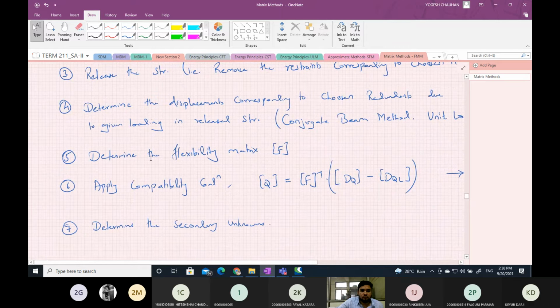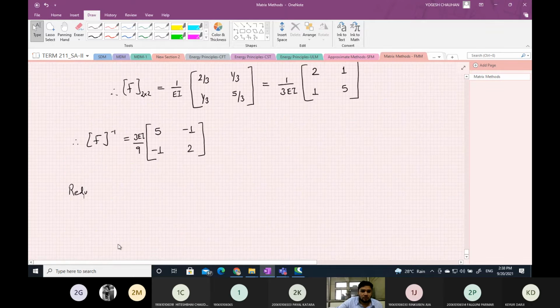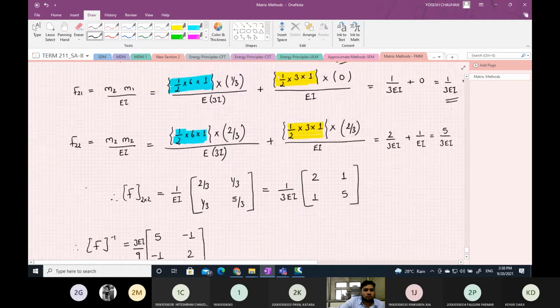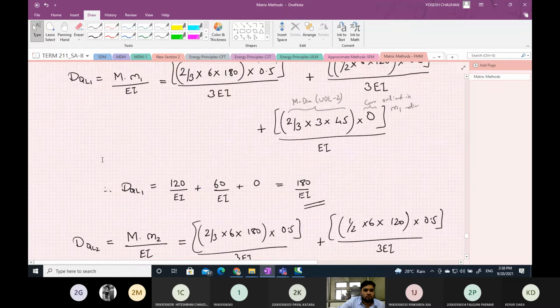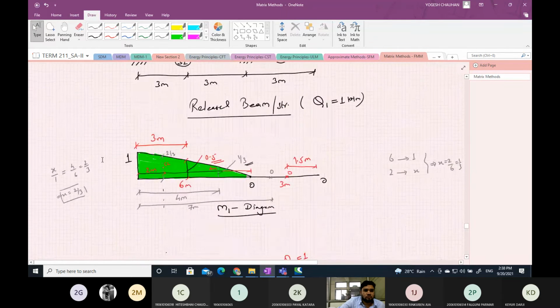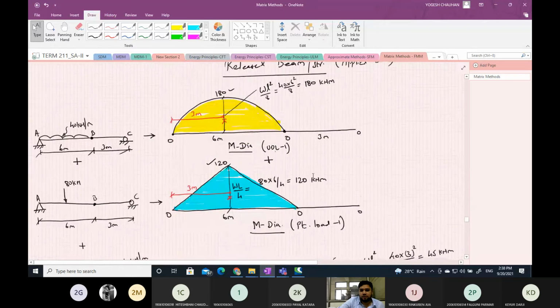Okay, so we have found the flexibility matrix, then we apply the compatibility condition, that is Q is equal to F inverse dQ minus dQL. Now in this case the dQ matrix is 0 because we don't have any support displacements given. So this is step 5.